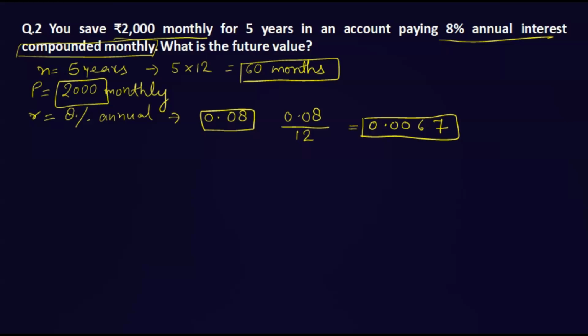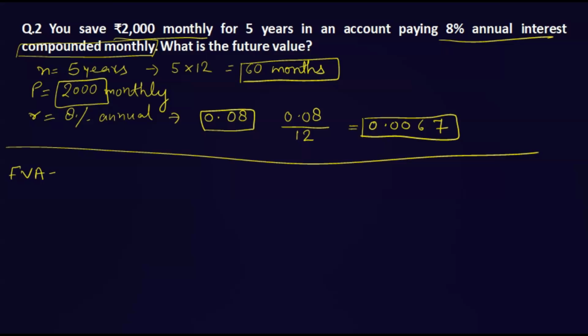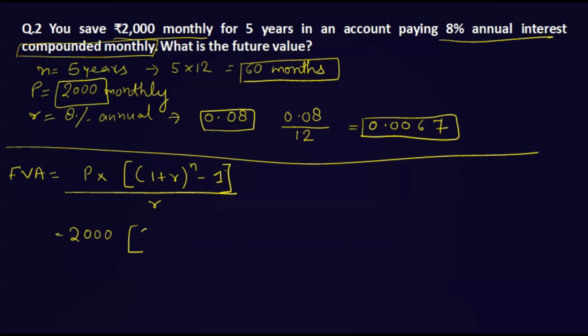All 3 values we now have monthly. Now we have to calculate. The formula is future value of annuity equals P multiplied by (1 plus R) to the power N, minus 1, and then divided by R. Here P is 2,000. Don't get confused; write it clearly, what is the monthly value and what is the yearly value.